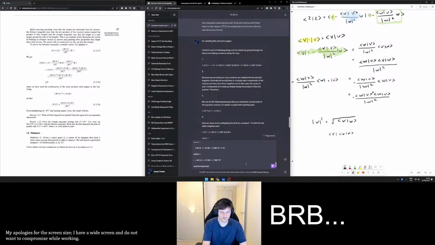And it's important to note that the denominator is multiplied by 1 because the v is a scalar, and as a fraction it would be v over 1.